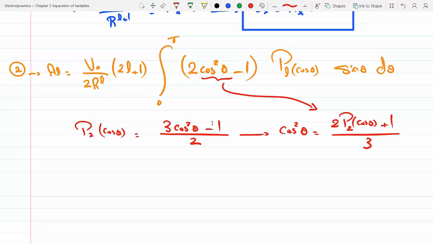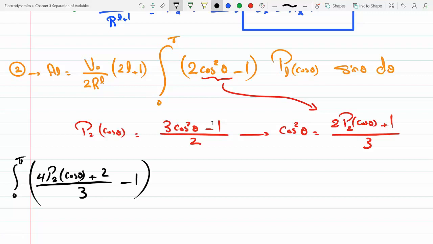Okay, so my integral becomes, 0 to pi, and instead of cosine squared I will put down, multiplying by 2, 4 P2 of cosine theta plus 2 over 3, and then I have minus 1, and this is P_L cosine theta sine theta d theta.